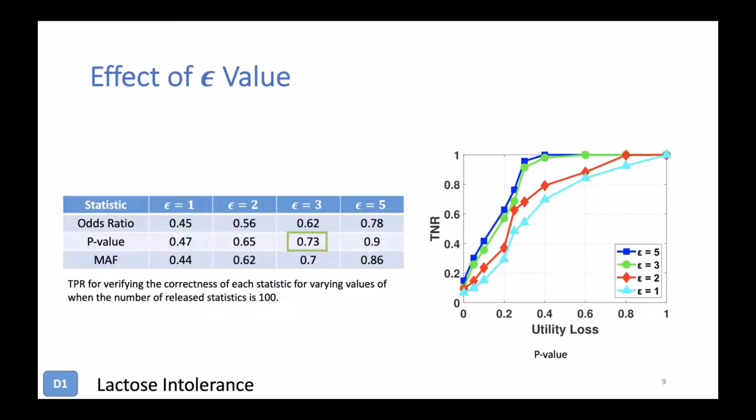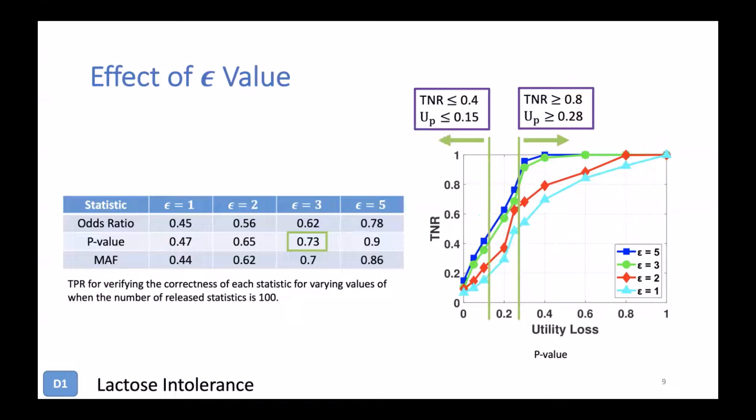We show the variation of the true negative rate values with respect to the utility loss for p-values in the figure. For instance, for epsilon equal to 3, a verifier can determine with high confidence a true negative rate of at least 0.8 if the researcher has released incorrect p-values when the utility loss is at least 0.28, whereas the verifier obtains a low true negative rate, smaller than 0.4, when the released p-values are close to the correct ones.